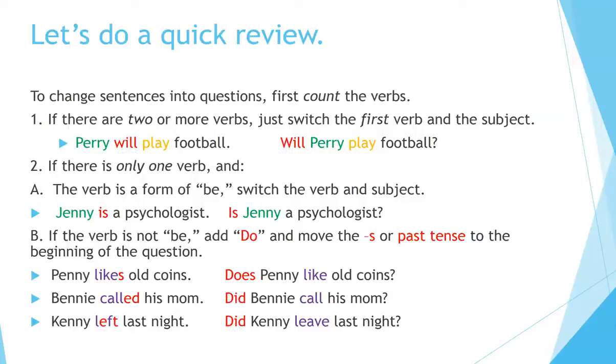We're going to move the past tense to the do, so it becomes, did Benny call his mom? Kenny left last night. This is an irregular past tense verb, so it's kind of merged into one word. We're going to separate it here, so it becomes, did Kenny leave last night?